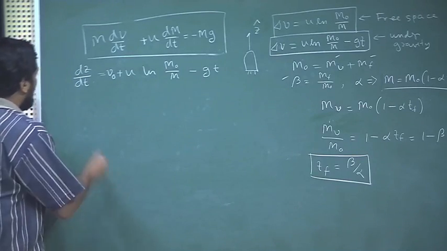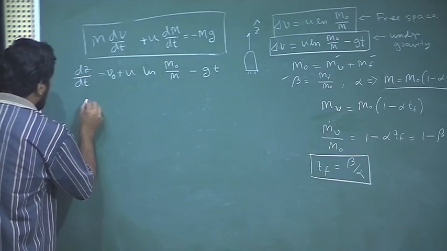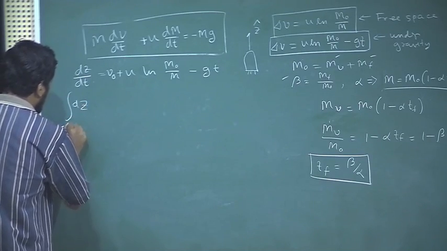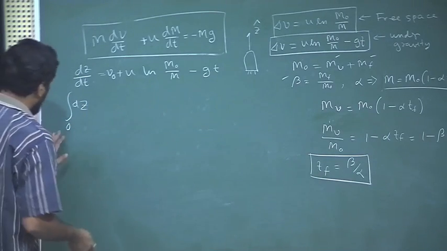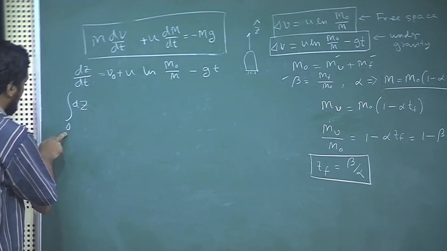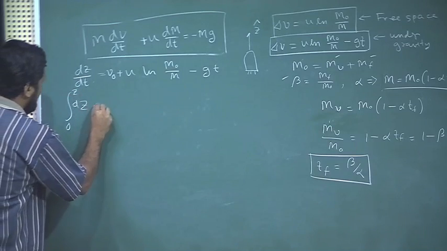Now, in order to do that, we have to perform this integration, which will be integration of dz from, let us say the rocket starts from the ground. So, at time t equal to 0, z equal to 0, it becomes z here.